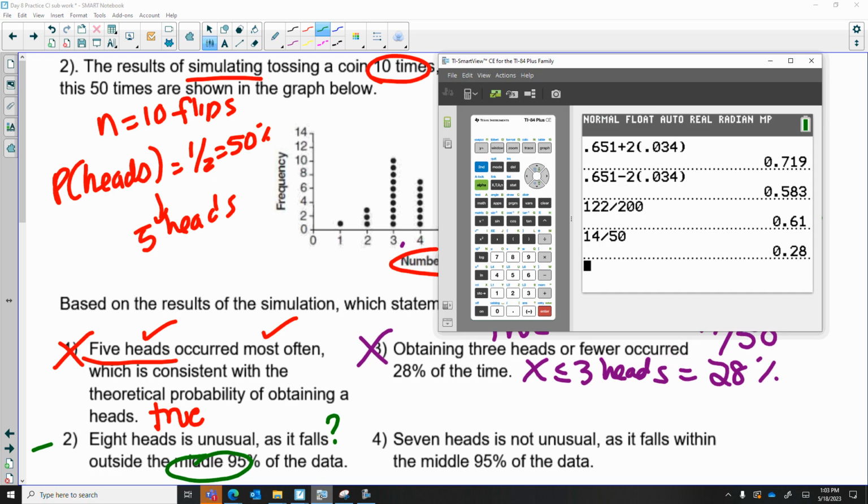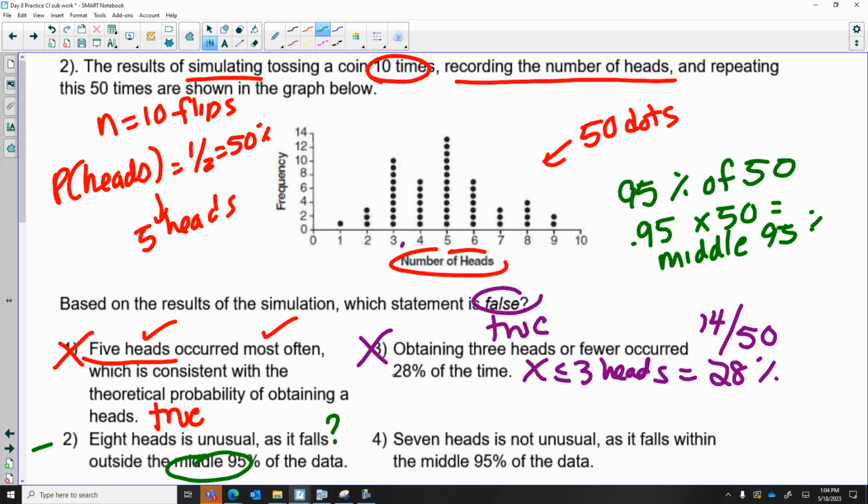So let's do 0.95 times 50, and we get 47.5. So the middle 47.5 dots are the middle 95%, which, you know, that's annoying to count, 47 dots, 0.5, but the complement of that would be 5%, which is like the outer 5%.